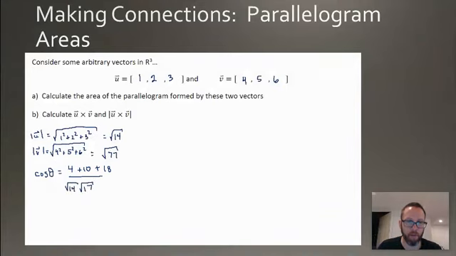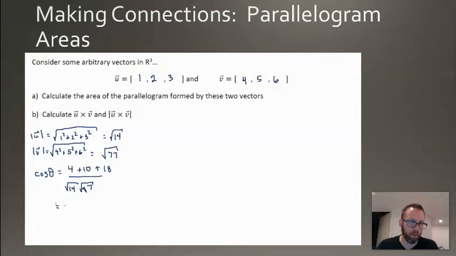So I'm shaving off a bit of work here. It's assumed you guys have been practicing and found lots of angles between vectors. So on top, 32 divided by the root of 14 and divided by the root of 77. That's an awful 77.